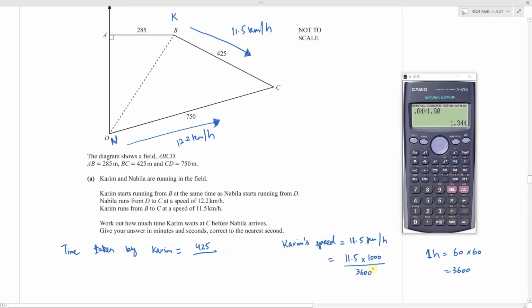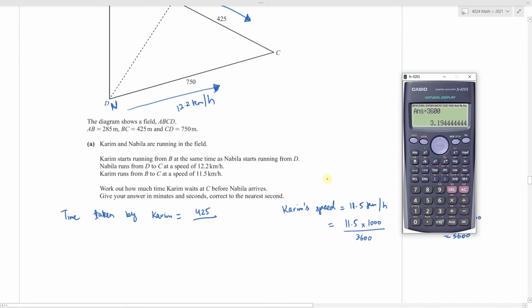So 11.5 times 1000 divided by 3600 gives a speed of 3.194 meters per second. Distance divided by speed, 425 divided by the answer, is 133.043 seconds, the time taken by Kareem.